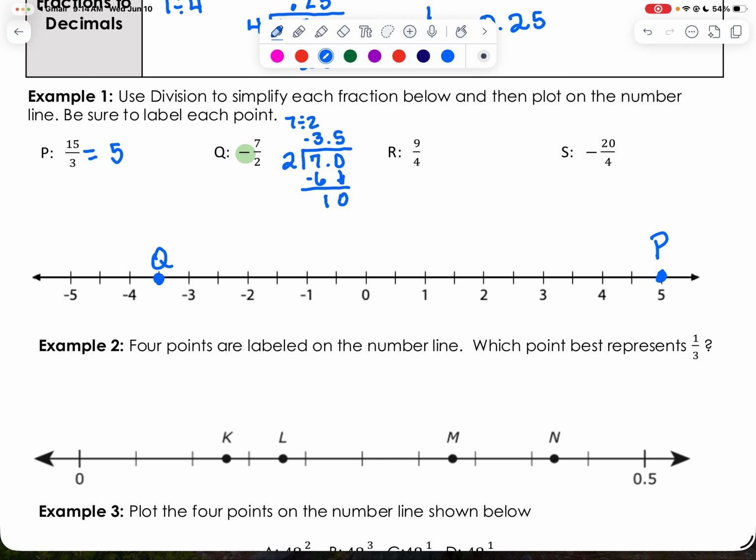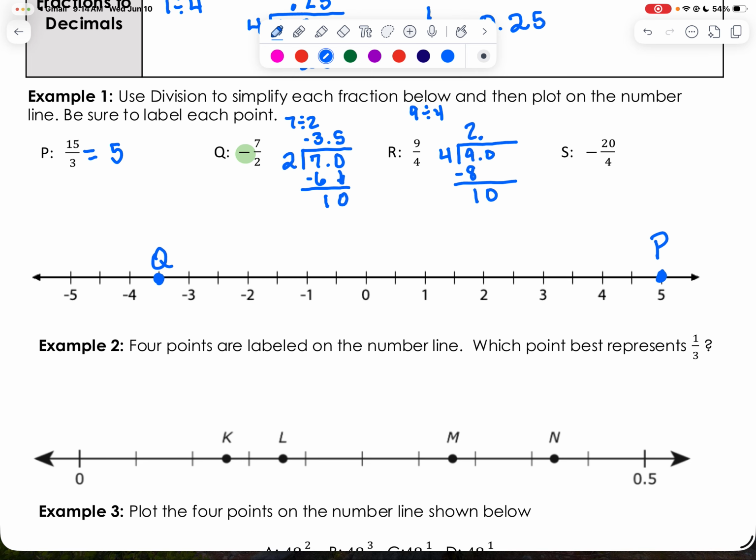All right, 9 over 4 is the same thing as 9 divided by 4. So using long division, I want to know how many times will 4 go into 9. 4 will go into 9 2 times. 2 times 4 is 8. 9 minus 8 is 1. Bring down the 0.